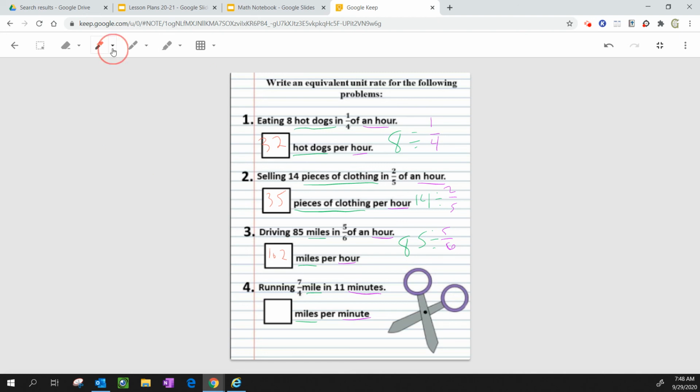And the last one, we have to do our mile number divided by our minutes number. So 7/4 divided by 11. In your calculator, you're going to press 7 ABC 4 divided by 11.